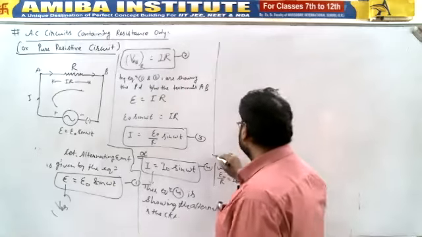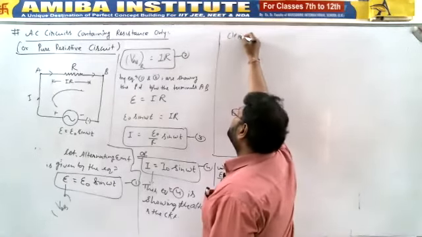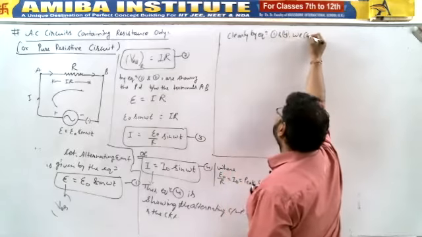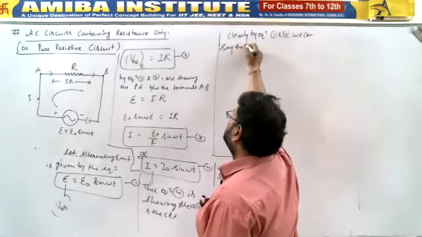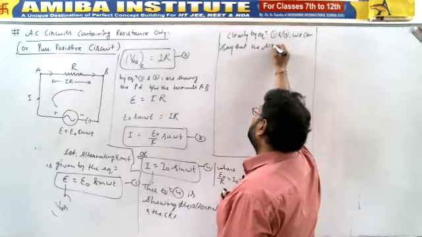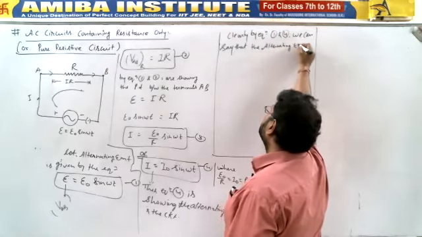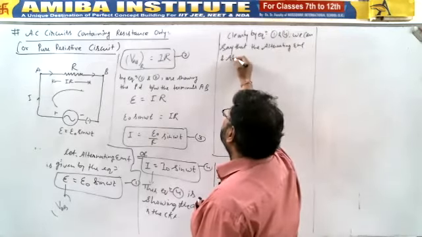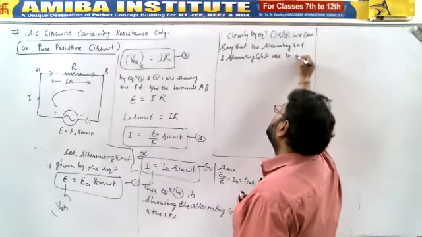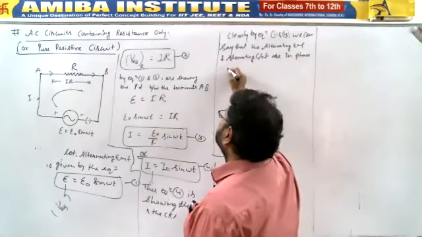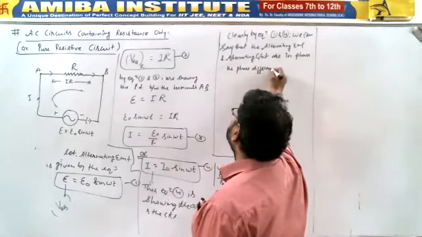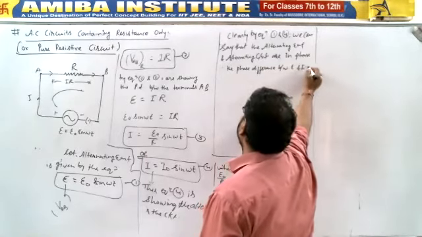So clearly by equations 1 and 4, we can say that the alternating EMF and alternating current are in phase, since the phase difference between E and I is 0.